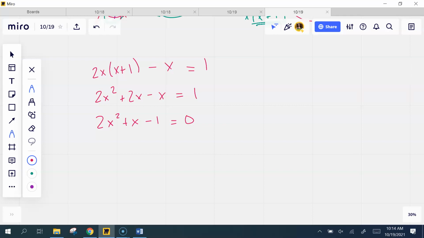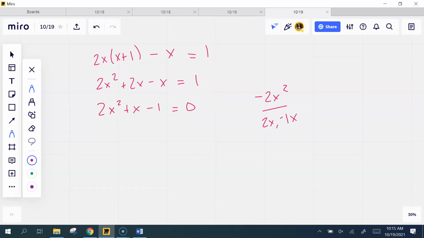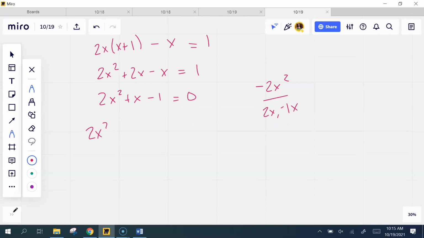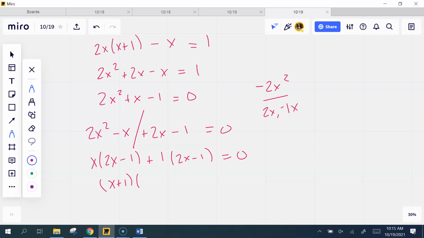Does anything multiply to negative 2 but add to positive 1? Negative 1 and positive 2. So I have 2x squared minus x plus 2x minus 1. We got an x, we got a 1. So my two solutions here are negative 1 and 1/2.